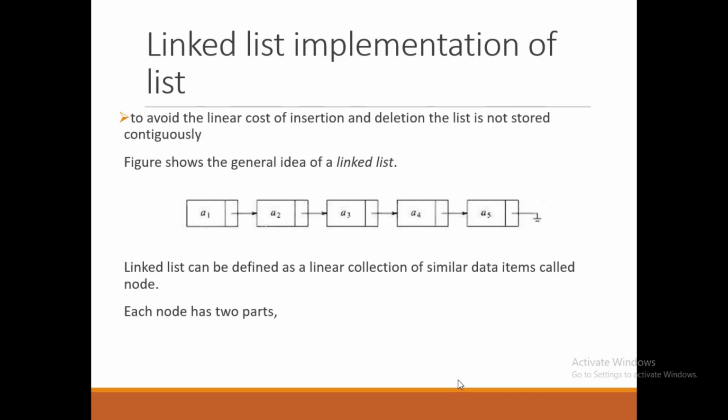If you consider the array-based implementation and you are going to insert an element in the beginning of the list, we have to push down all the elements by one spot. We have to make a space in the beginning, and after that only you can go for insertion.